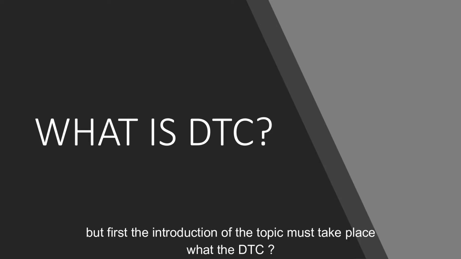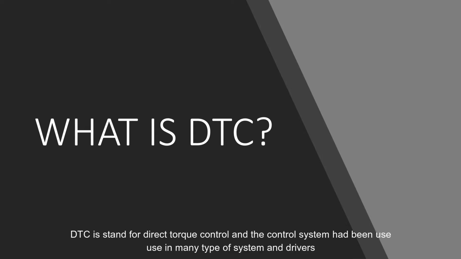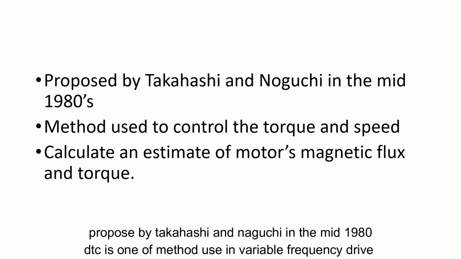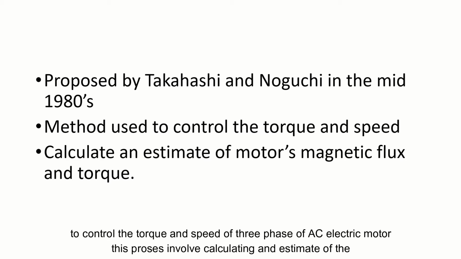What is DTC? DTC stands for Direct Torque Control, and this control system has been used in many types of systems and drives. Proposed by Takahashi and Noguchi in the mid-1980s, DTC is one of the methods used in variable frequency drives to control the torque and speed of three-phase AC electric motors.